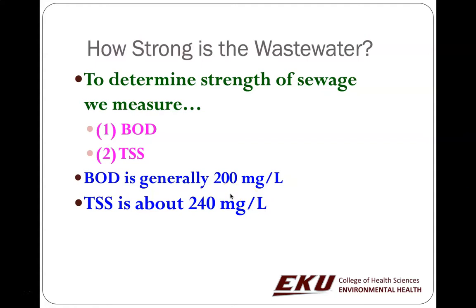How much oxygen is in water? If you were to go out to a lake, it can only hold about 8 to 12 milligrams per liter on a good day. So the demand for oxygen in our sewage is actually greater than the amount of oxygen water can hold.